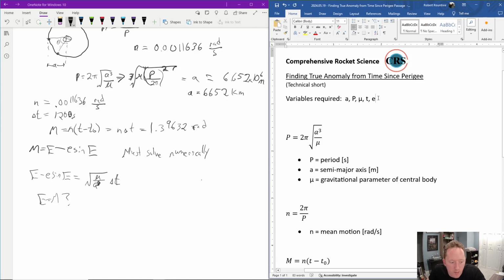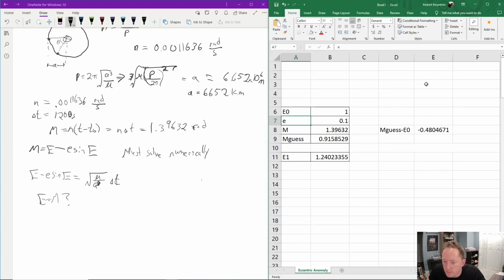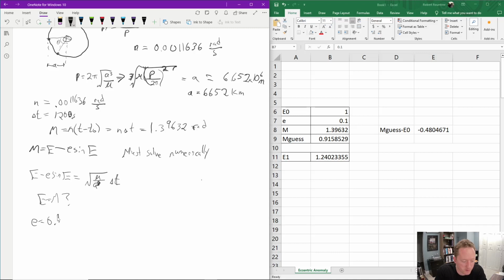So that's added there. Eccentricity needs to be given, as I stated. I just made this up, so we have our eccentricity equal to 0.1. That's going to be a nice low eccentricity that hopefully will make our perigee not below the surface of the Earth.